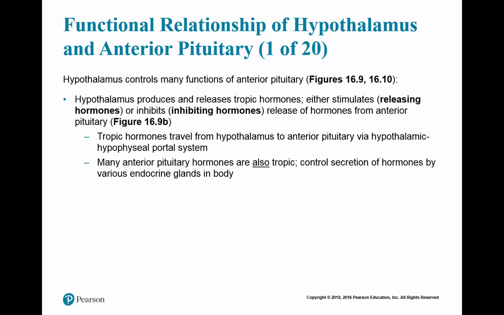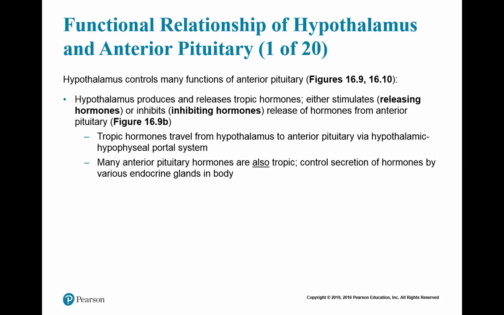Now we've said the hypothalamus is the king, and it controls a lot of the functions of the head guard, the anterior pituitary. It does this by making and releasing tropic hormones. Remember, those cause another gland to secrete or stop secreting a hormone?